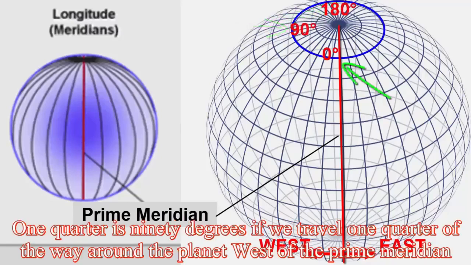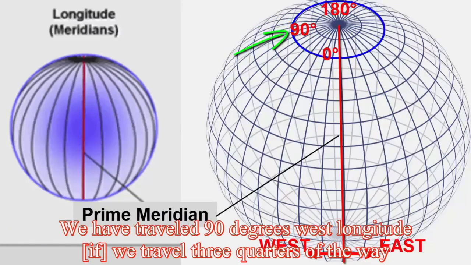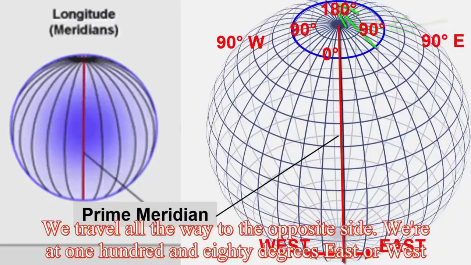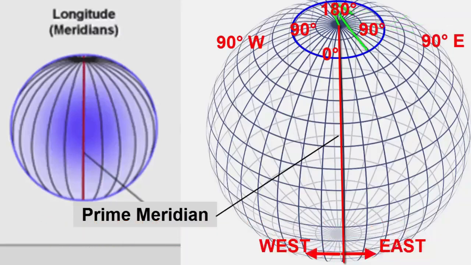If we travel 1/4 of the way around the planet west of the prime meridian, we have traveled 90 degrees west longitude. If we travel 3/4 of the way, it's the same as traveling 1/4 east, or 90 degrees east. If we travel all the way to the opposite side, we're at 180 degrees east or west.